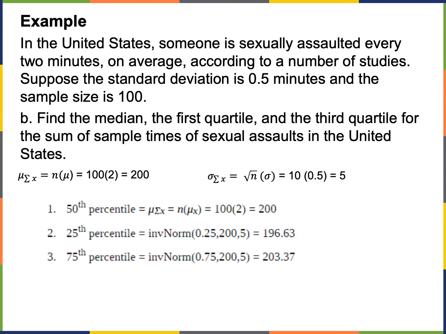So your 50th percentile is just the same as the mean. Your 25th percentile is inverse norm, where the area is 0.25, comma, the mean, and then comma, the standard deviation of the sums. And that's 196.63. And then same thing for 75th, except that instead of 0.25, you put 0.75. So that is these 2 values.